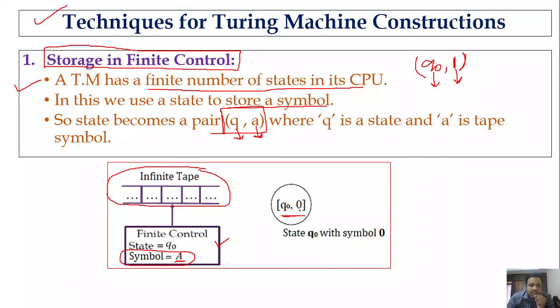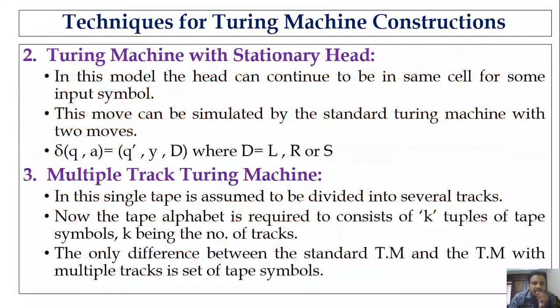Here you could see (q0, 0). q0 is the state, and 0 is the symbol that is stored in that particular state. So this is a state represented by two tuples: the first is the state, the second is the symbol stored in that state. This is the property of storage in finite control.